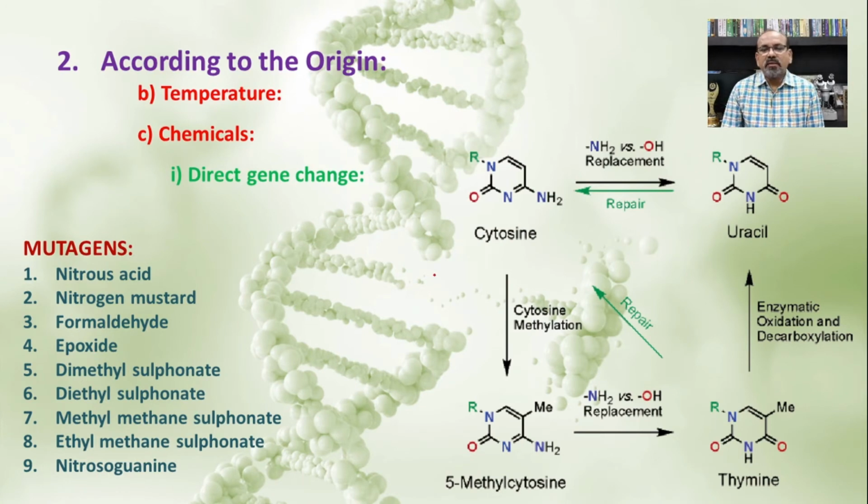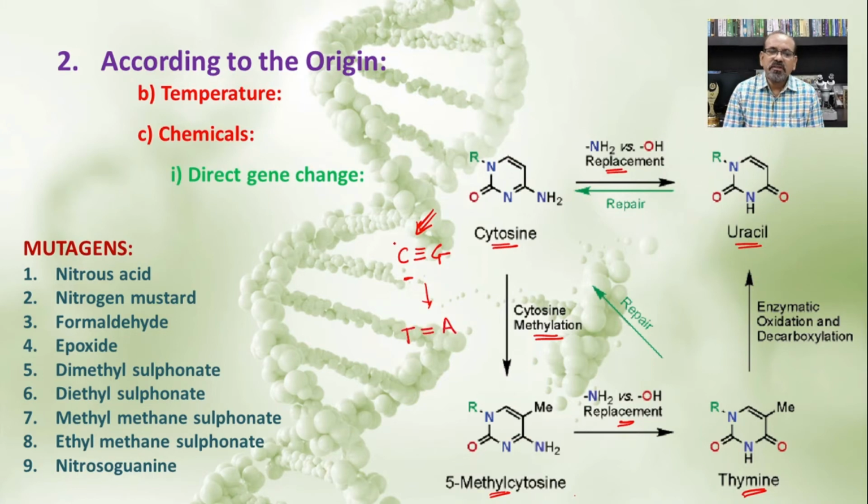Here is another example: cytosine on deamination converts into uracil, and in the presence of other chemical compounds like dimethyl sulfonate, diethyl sulfonate, methyl methane sulfonate or ethyl methane sulfonate, it is converted into 5-methylcytosine, and again on deamination the 5-methylcytosine converts into thymine. Earlier the cytosine was pairing with the guanine, and now, converted into thymine, it will pair with the adenine.